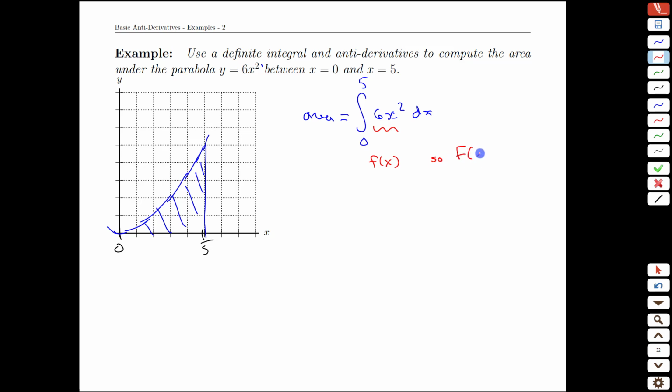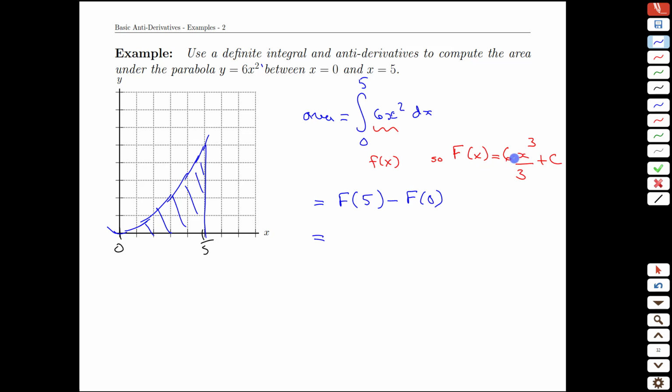And so our antiderivative, capital F of x, is going to be a 6 multiplier we keep around, x squared. The rule for powers of x is add 1 to the power, divide by the new power, and tack a plus c on the end. That's our side calculation. The area then is equal to this function, F at the upper limit 5 minus F at the lower limit 0.